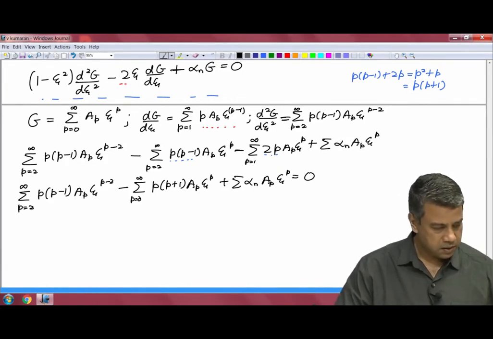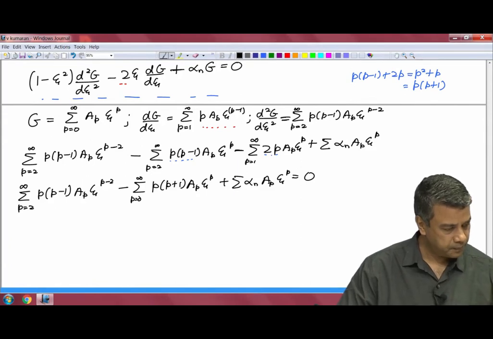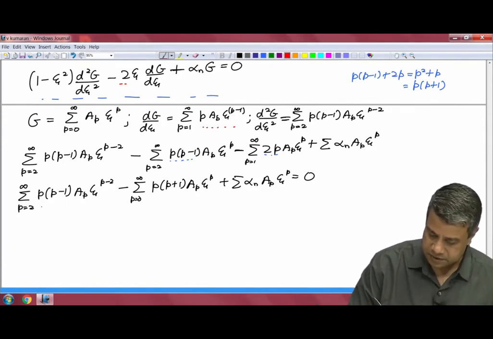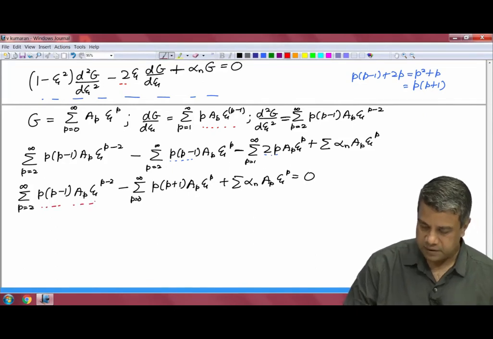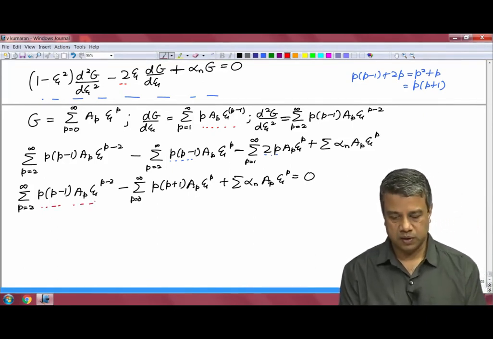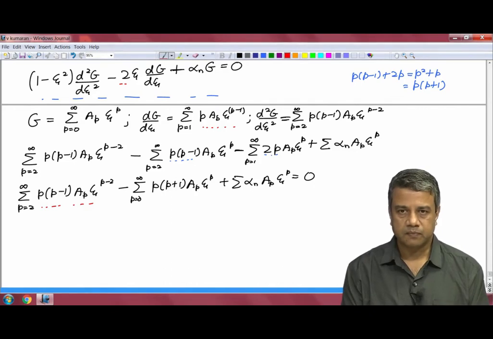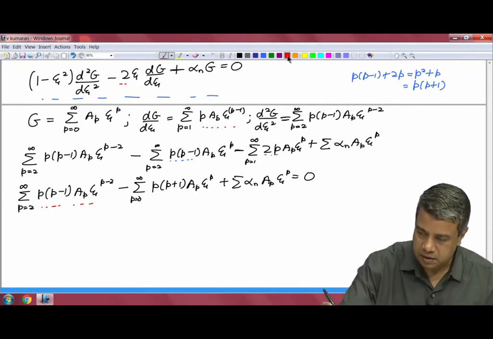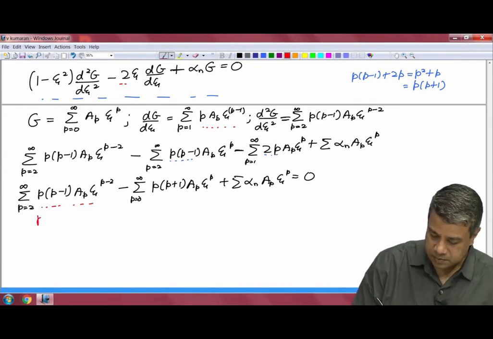So, now in this first term here, I have psi power p minus 2 into a p into p into p minus 1. I can make the transformation p minus 2 going to p.